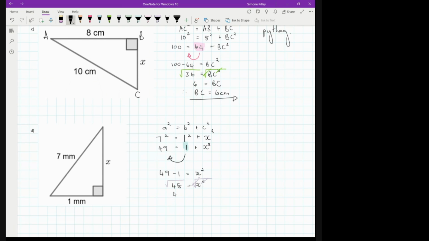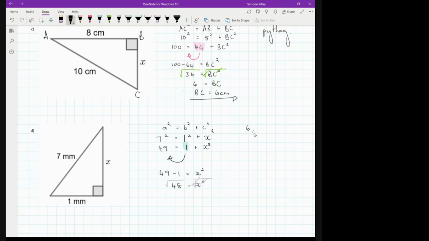Yes. So when you put in the root of 48, it's 6,9. When you round off, it's 7. Okay, but round to 2 decimals for me.